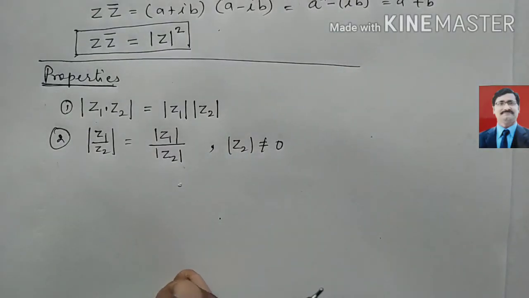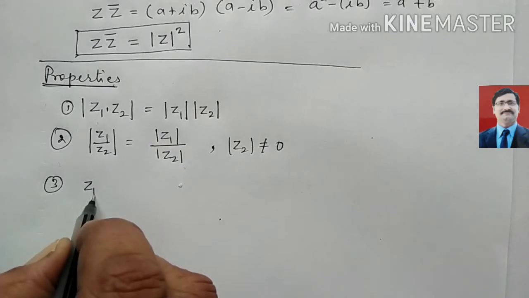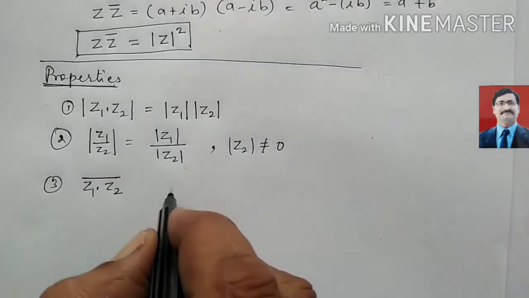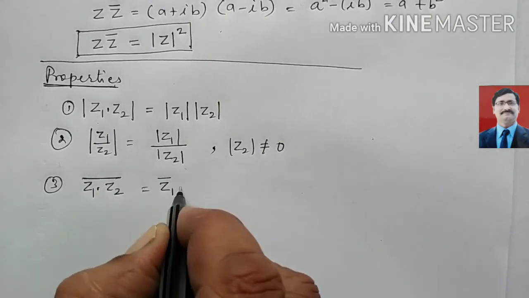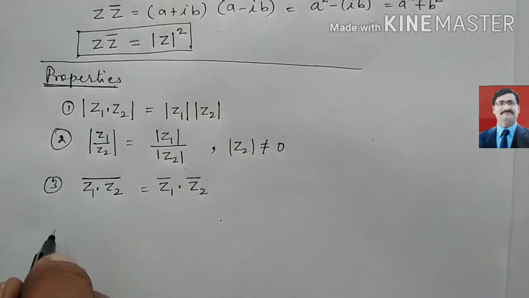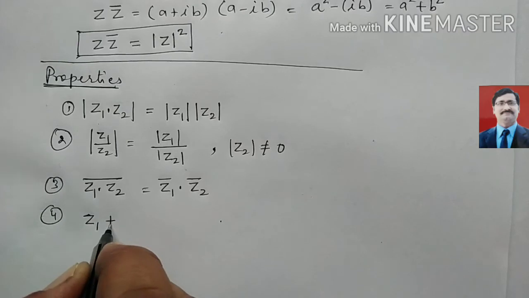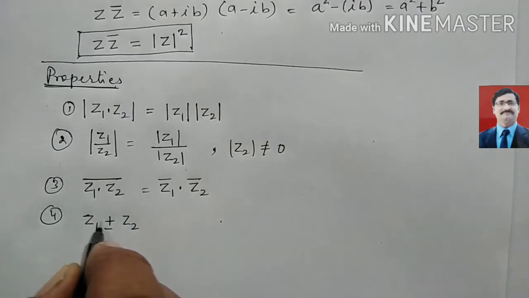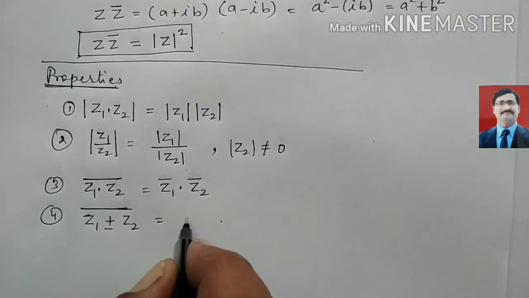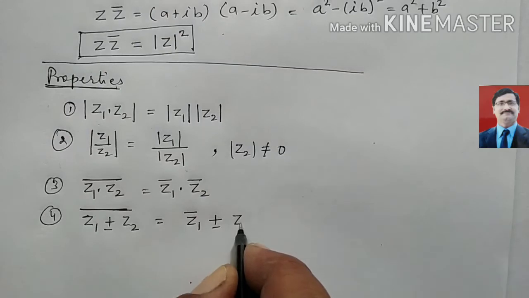For the conjugates also we have the same properties: the conjugate of z1 into z2, the whole conjugate, will be equal to z1 conjugate into z2 conjugate. And the same in the plus and minus case also: the conjugate of z1 plus or minus z2 will be equal to z1 conjugate plus or minus z2 conjugate.